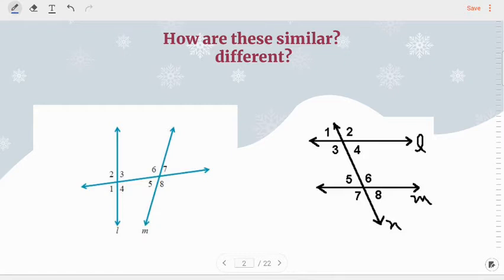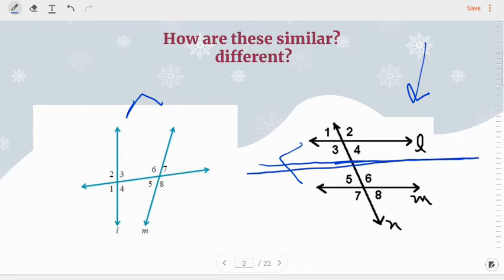Now, one of the main things that I want to focus on in what is different are these 2 lines in both of these diagrams. I'm going to start by focusing on this diagram right here. If I were to cut this one line in half and have these 2 different sections, I like to call them 2 different intersections.